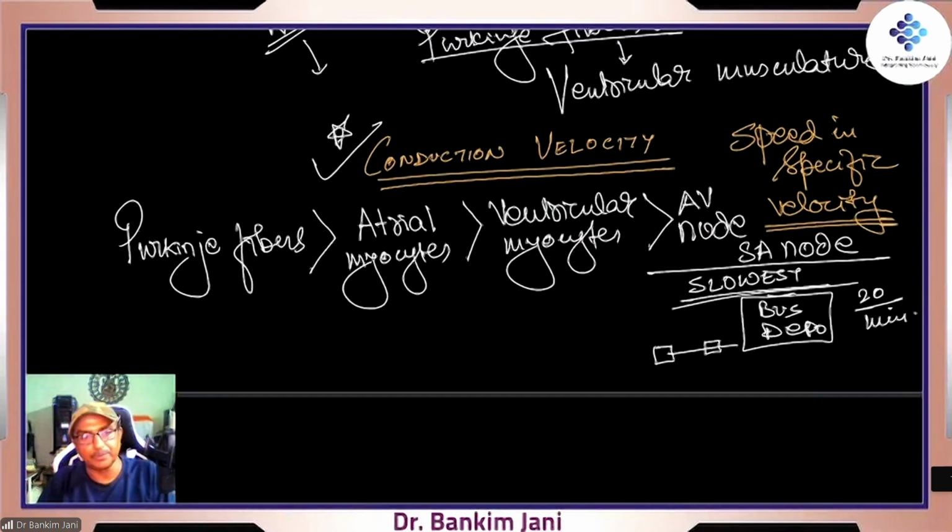So if the signal is to be generated, they will take time. They are the slowest, but they generate signal faster. So actually, when the signal comes into them, the AV node is known. So that's why we'll just keep the AV node as the slowest, because the AV node deliberately slows it down.